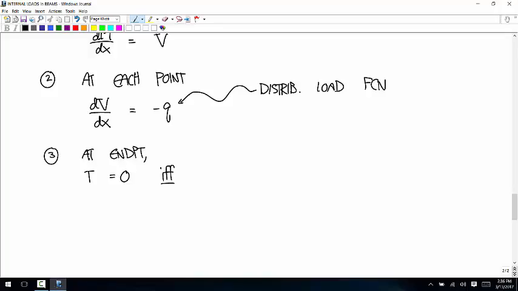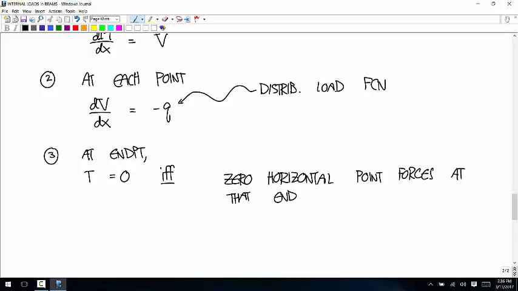Well, it's 0 if and only if there are 0 horizontal point forces at that endpoint. And now 4, 5, and 6 are all going to be basically the same as this.